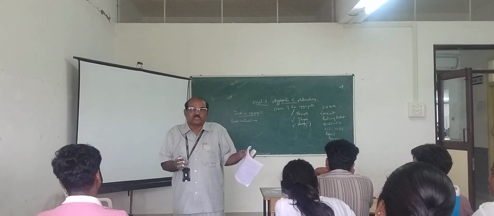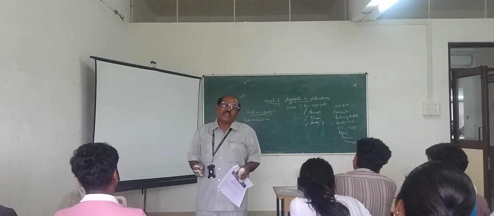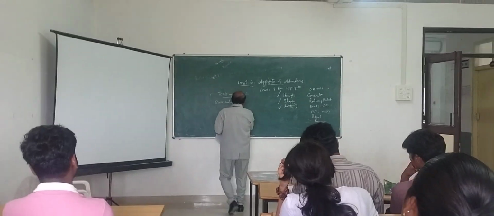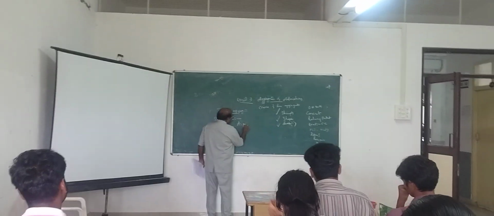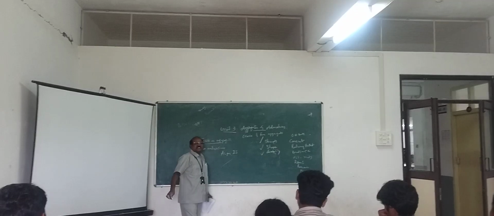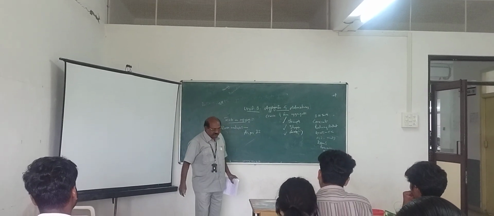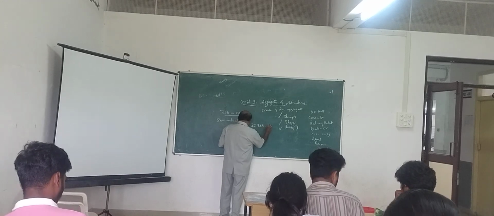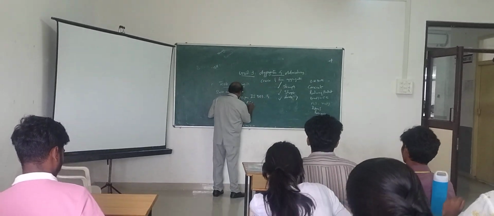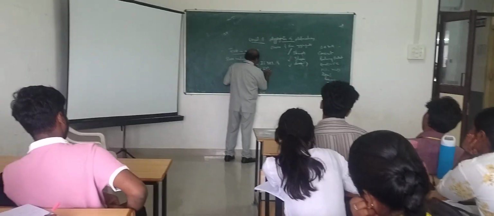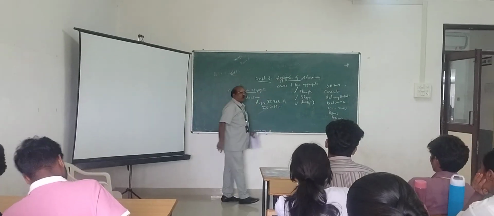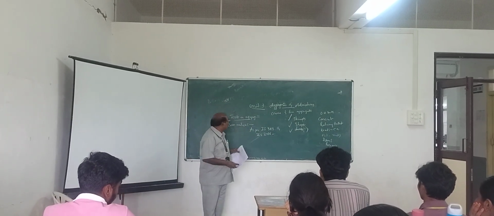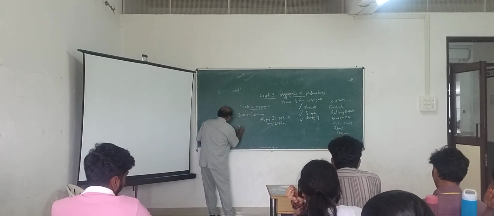One is coarse aggregate, the other one is fine aggregate. As per IS 383, IS stands for Indian Standard. Very good. As per IS 383 and IS 2386, this is the code book. And as per this, the sieves for coarse aggregates.